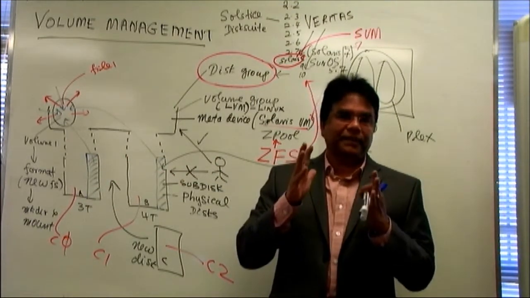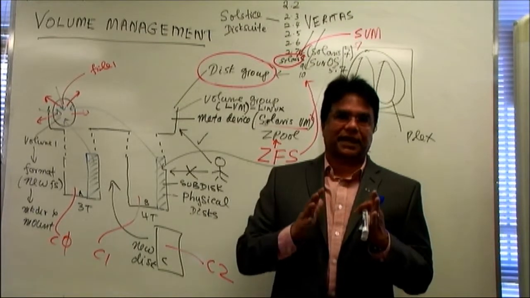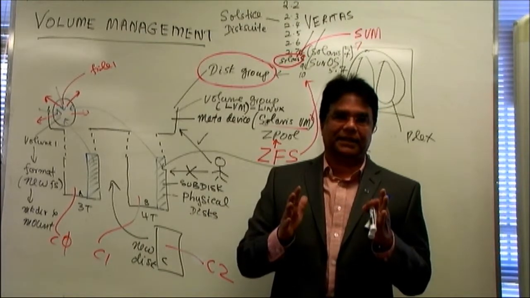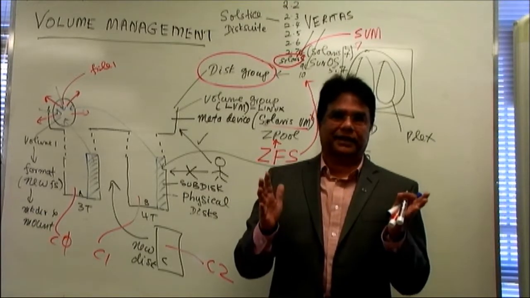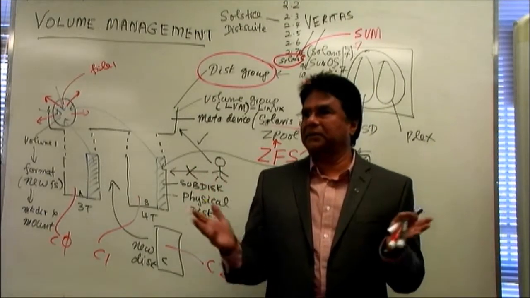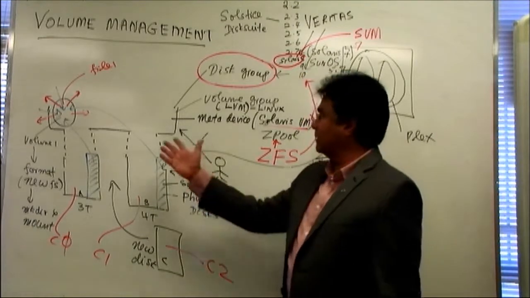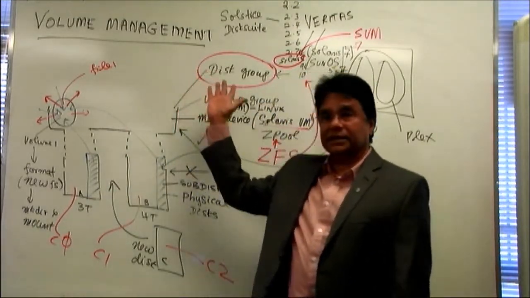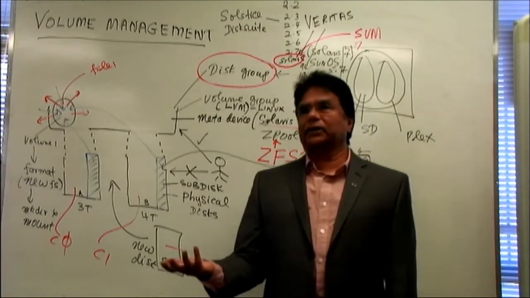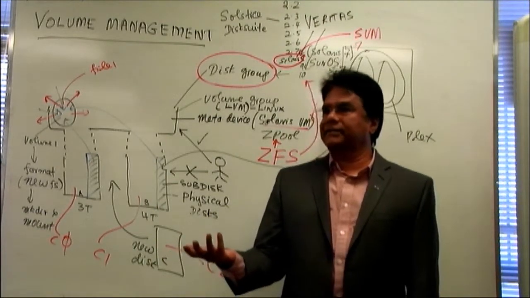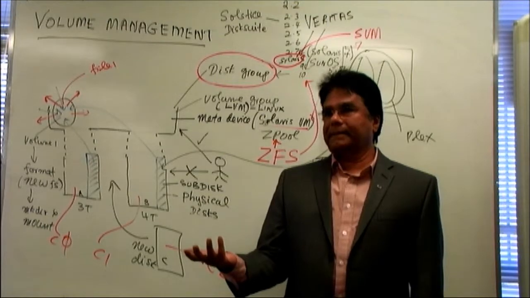If a person is very particular about volume management, he wants a nice graphical utility. In the case of Solaris, I don't have a very nice graphical utility, maybe a third-party tool. But in Veritas we have a nice graphical utility. And I don't get many experts in ZFS because it's a new one.